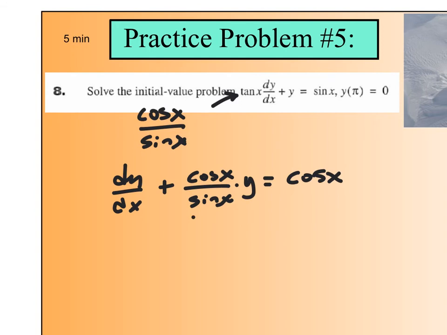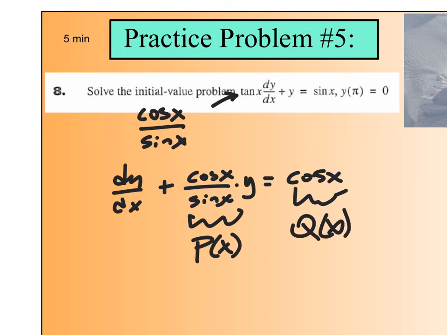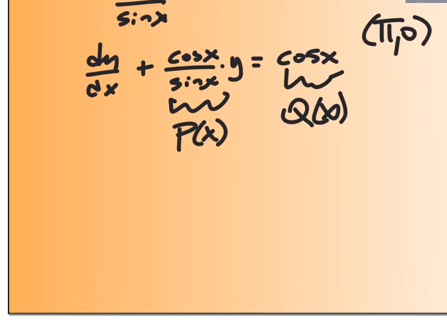Okay, so I see I got my p of x here, I got my q of x here, and now we're rolling, right? And I've got this initial condition of pi comma 0. So let's get this thing set up. I of x will be e to the integral of p of x dx, cosine of x over sine x.